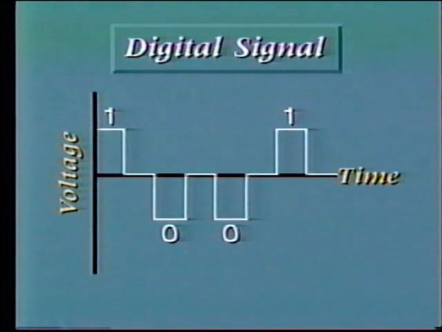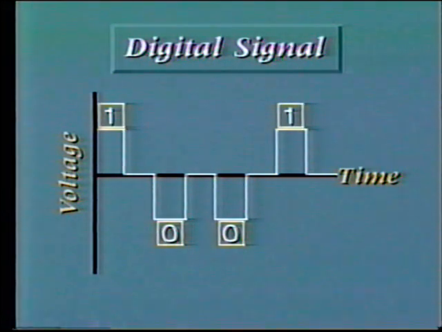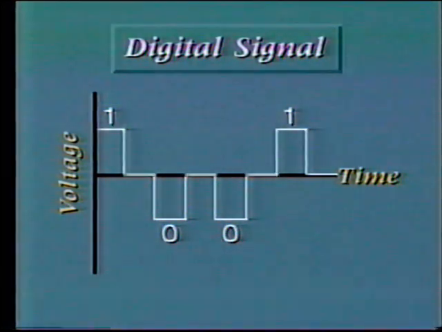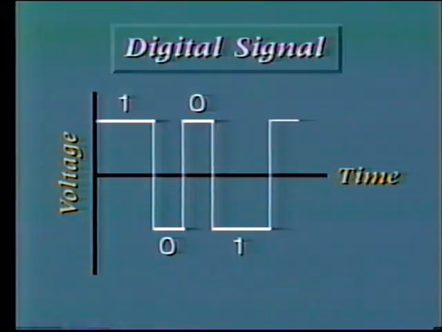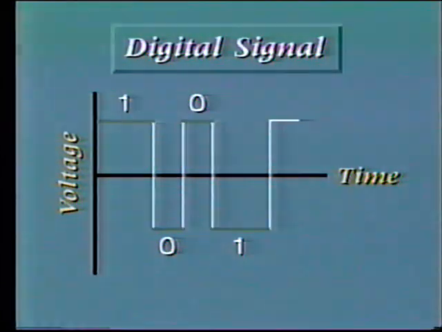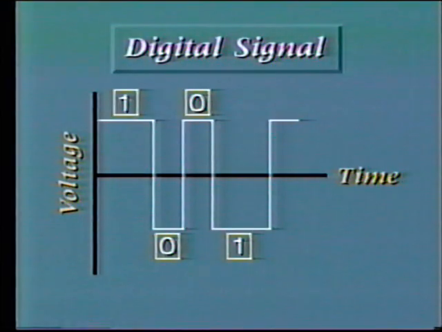This signal would represent the binary number 1001. Note that in this arrangement there is a rest period between each pulse. Another system relies upon the duration of the signal irrespective of the polarity. This particular message also represents the binary number 1001.